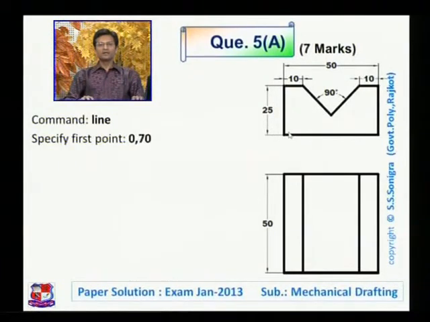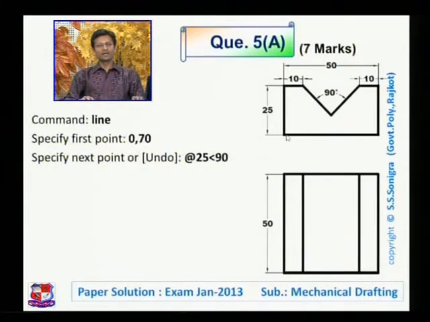Now from this point draw a line like this. If you want to draw this vertical line, write the command like this, specify next point: at an angle of 90 degree at 25 mm. If we write @, it will consider the first point as a reference point. Hence from this point we have to draw a line segment of length 25 mm which makes an angle of 90 degree with the reference.